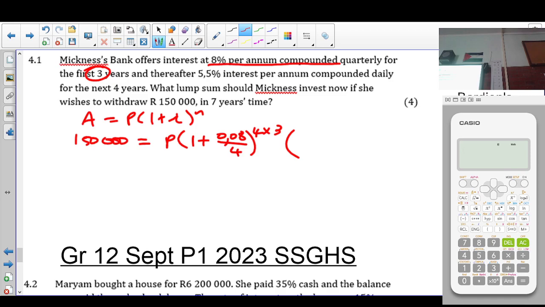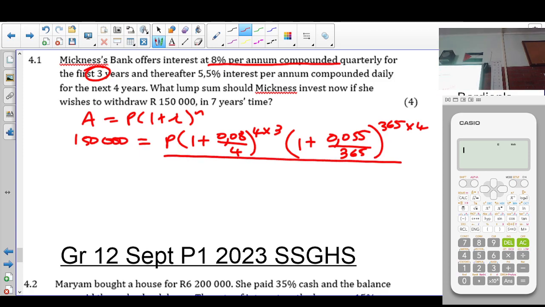Then it earns interest at 5.5%, so 1 plus 0,055, compounded daily, so over 365 to the exponent 365 for the next 4 years. So to get P on its own, I need to divide both sides by that.